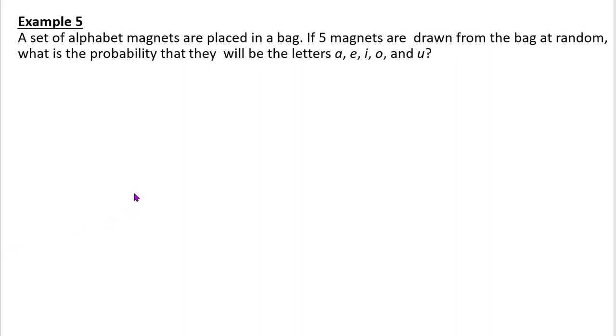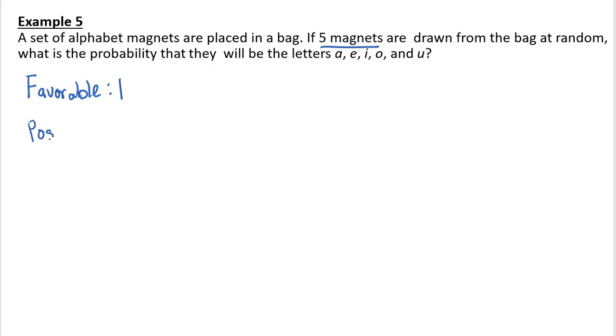Okay, one more example here. A set of alphabet magnets are placed in a bag. 5 magnets are drawn at random. What is the probability that they will be the letters A, E, I, O, U? Okay, so I have one favorable outcome.